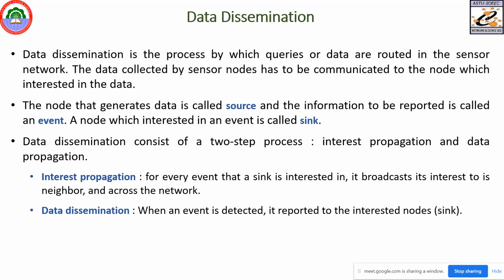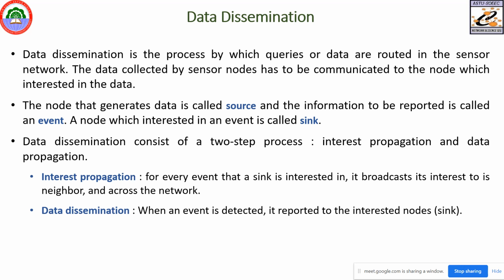Dissemination means transmitting. It has to flood that particular information from one location to another. Here, three things we need to consider. One is called source, which generates the data, and another is called sink, or the destination, which receives the data.